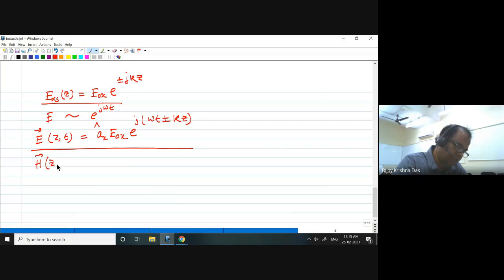That also will be Z and time dependent, and we know that from Maxwell's curl equation you can show that it will be oscillating along the y direction, and it will have a y component, and similarly this factor will be the same because the equations are similar.